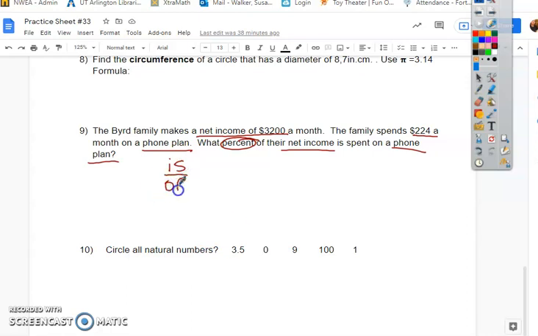Is over of equals percent over 100. Okay, so we know 100, and we know we're looking for the percent. We're looking for the percent for the phone, right? Well, the phone is $224. So that phone was $224.